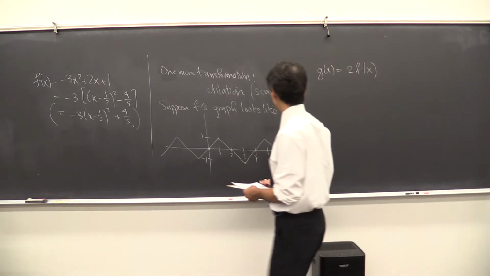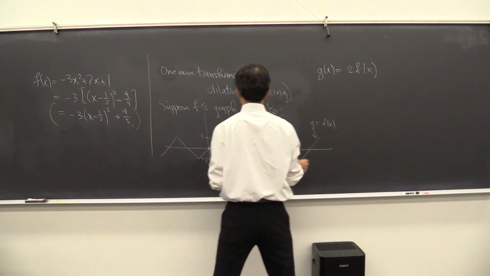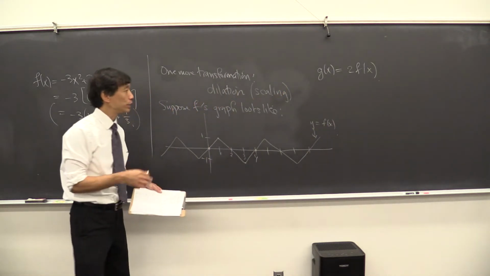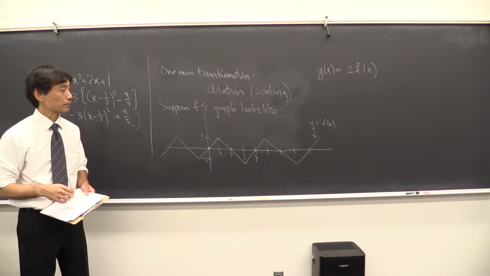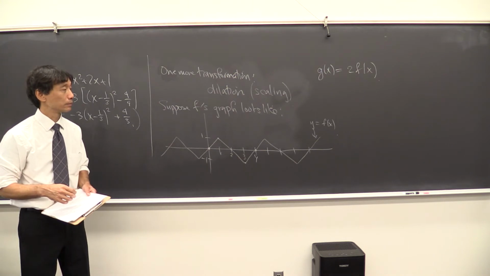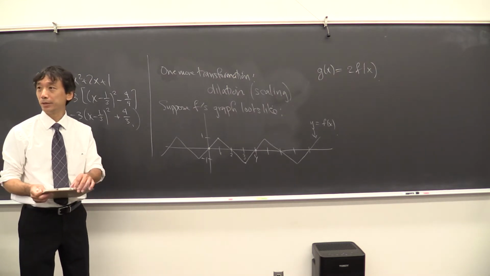This is y equals f of x, and I'd like you to draw what y equals g of x looks like. Turn to somebody nearby and show them your picture.